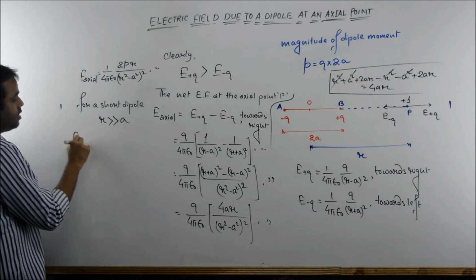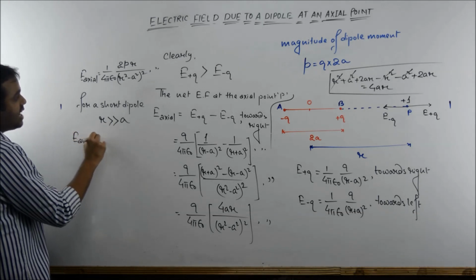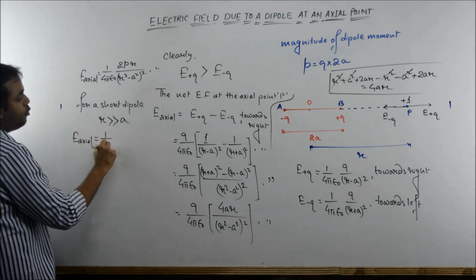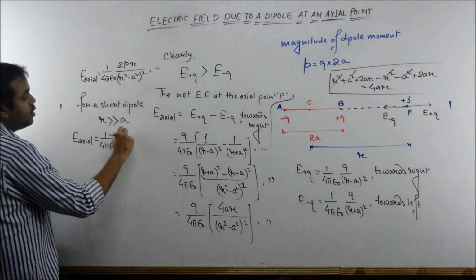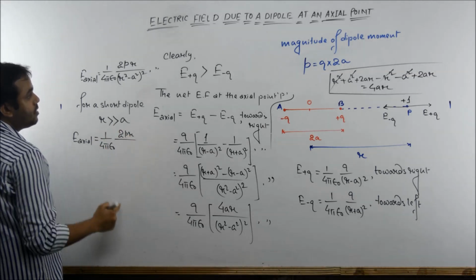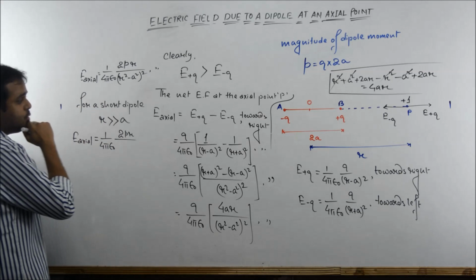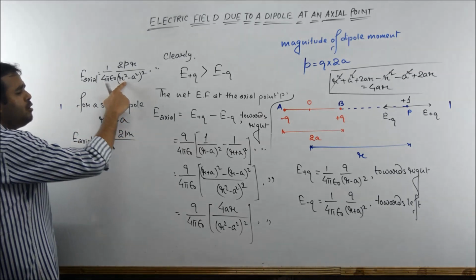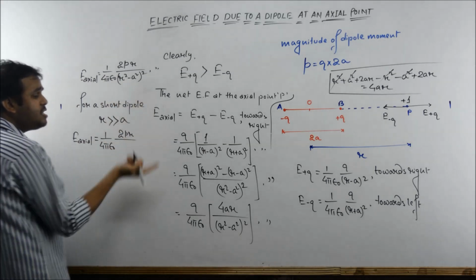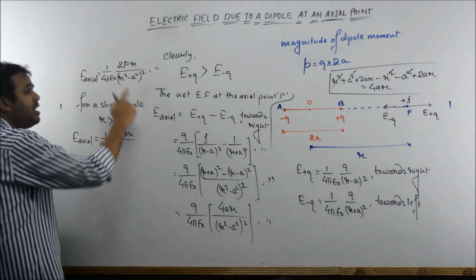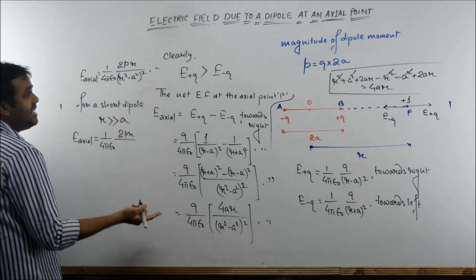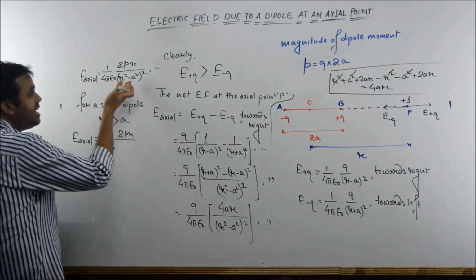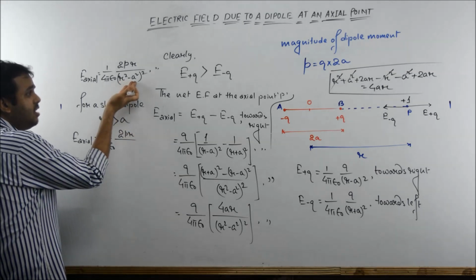Then E axial becomes equal to 1 by 4 pi epsilon naught, twice P r over (r square minus a square) whole square. If r is much greater than a, then r square will be much greater than a square. So we can neglect a square.